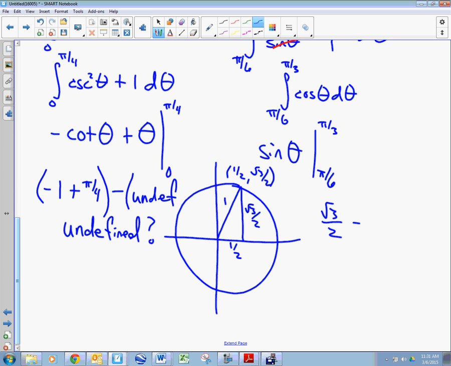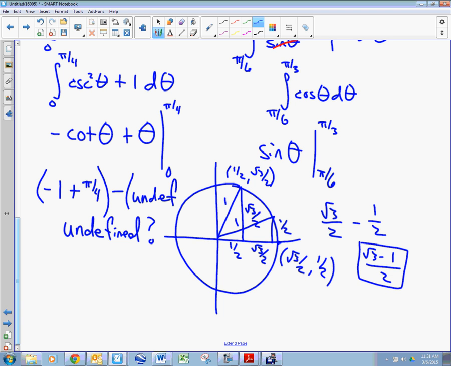Minus pi over 6 would be a 30-degree angle. So you've got, this is 1, this is 1/2, this is root of 3 over 2. So root of 3 over 2 and 1/2, sine is the y value, so 1/2. So you get root of 3 minus 1 over 2 is the exact answer.